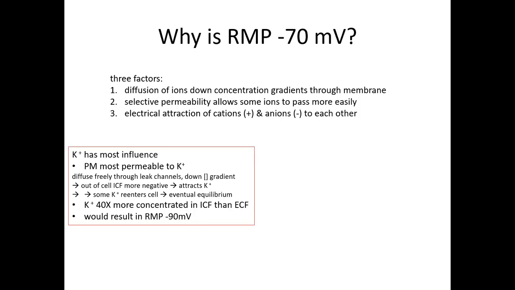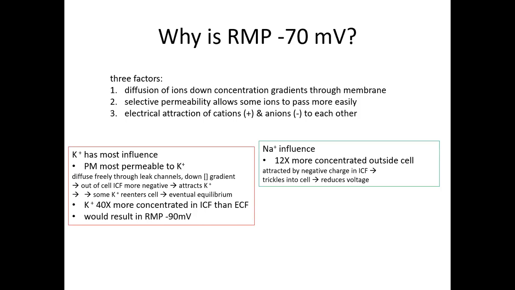So potassium can continue to leak out down its concentration gradient, especially if there's more negativity in one place, because it will be attracted. Eventually we will have some type of equilibrium, and at that point there'll be 40 times more potassium inside the cell than outside. If this was the only thing that determined the resting membrane potential, instead of being at -70, it would be at -90.